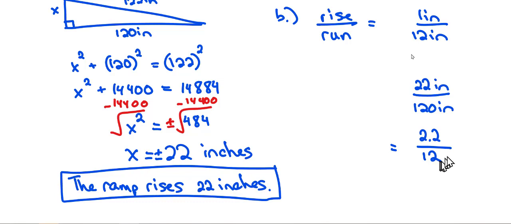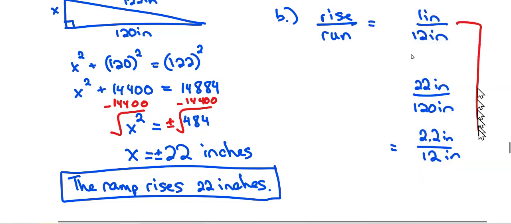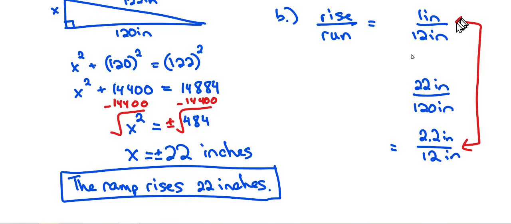I can simplify that down, if I divide both by 10, to 2.2 inches over 12 inches. That is very uncommon. That would not be a common thing to do, to leave a decimal inside a fraction like that. But I like it because it allows me to look at these two things and compare them.